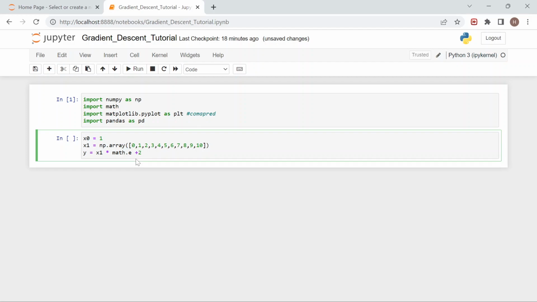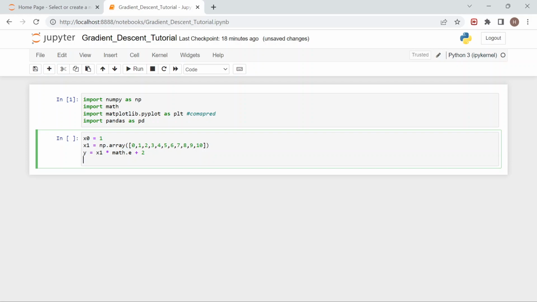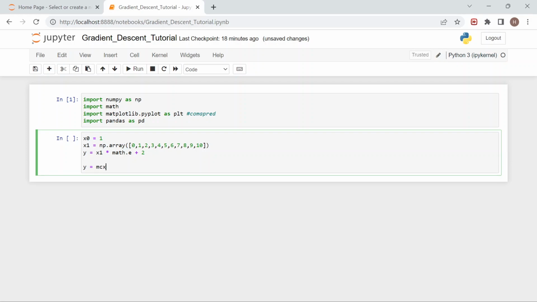If you look at our equation, y equals mx plus c, c is basically the bias, which is 2, and m will be the value of e, which is 2.71, and x1 is just these numbers.